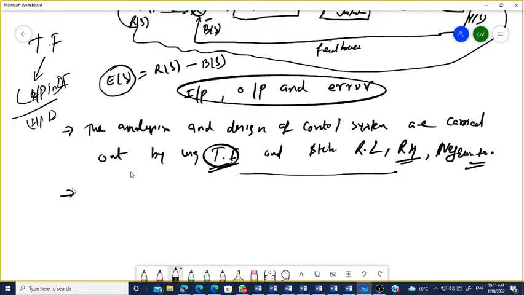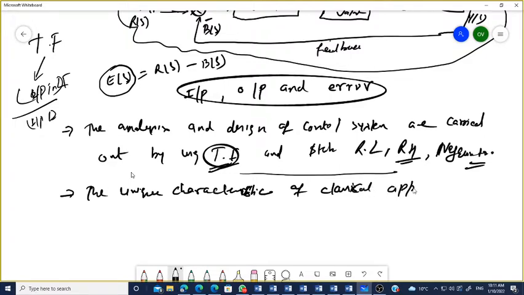Again, the unique characteristic of the classical approach, classical approach means classical control system or theory.